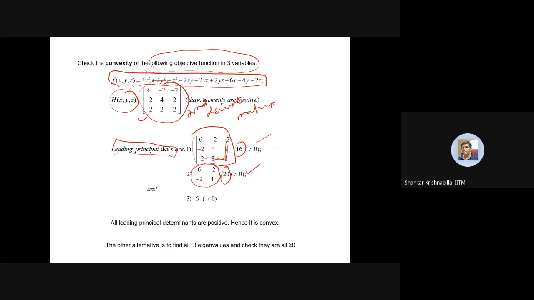So that is also greater than 0. Then next is 6. You delete these two and are left with 6. 6 is also greater than or equal to 0, and the diagonal elements are also greater than or equal to 0. So it is positive definite and it is a convex objective function. The other method is to find all 3 eigenvalues of this matrix and check if they are greater than or equal to 0.